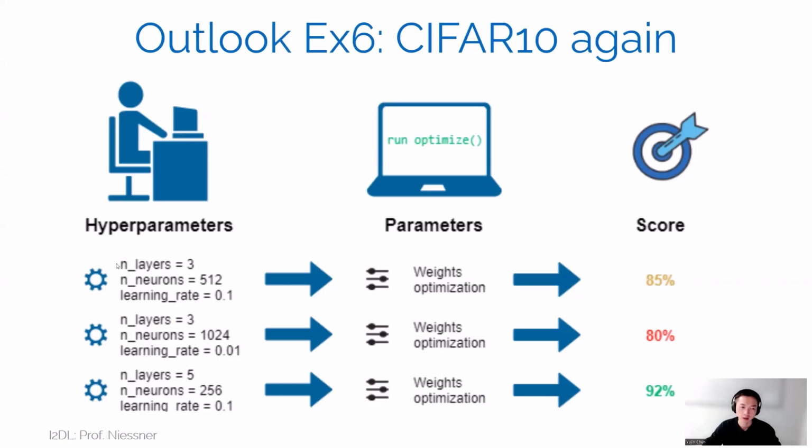Like on the left side, you can define the number of layers and also the neurons of each layer, and also the learning rate in the optimizer or the solver. Actually, you can decide it, and then you run the optimization, namely the training.